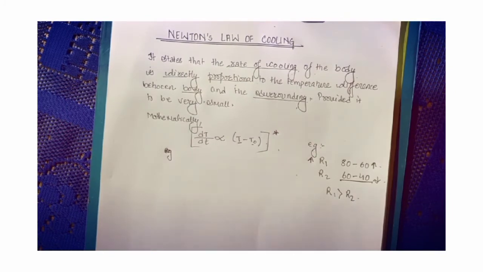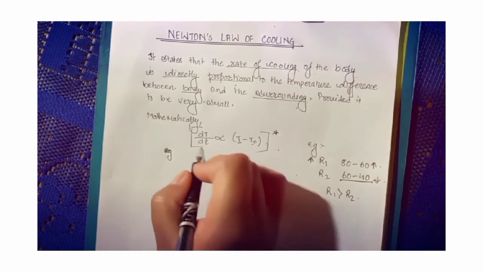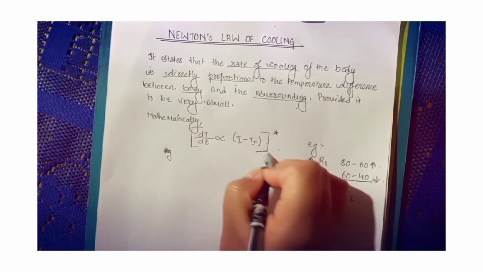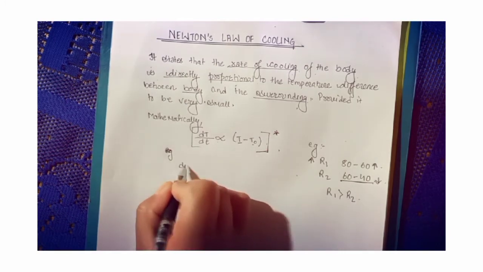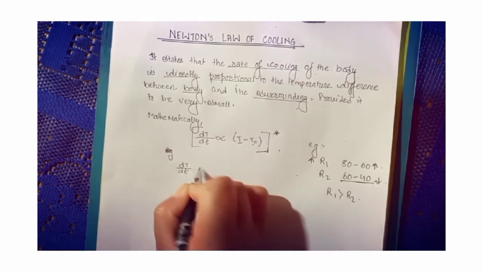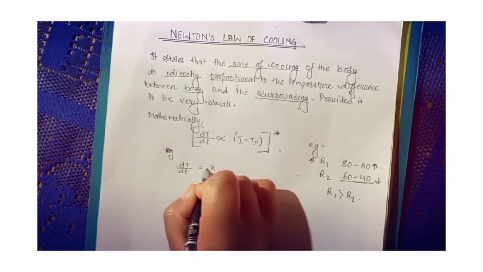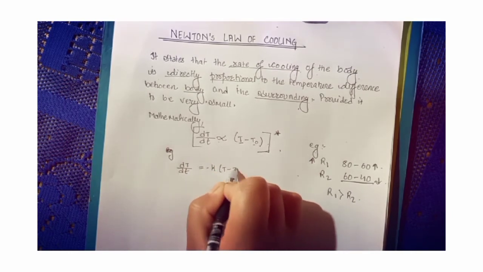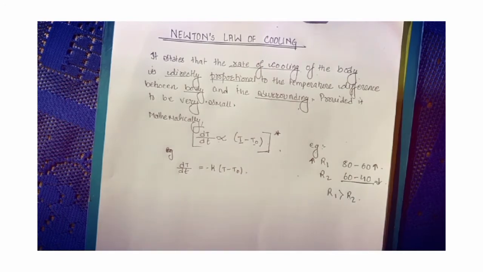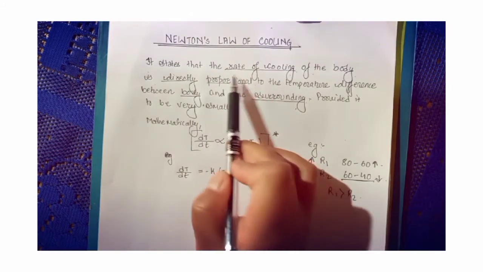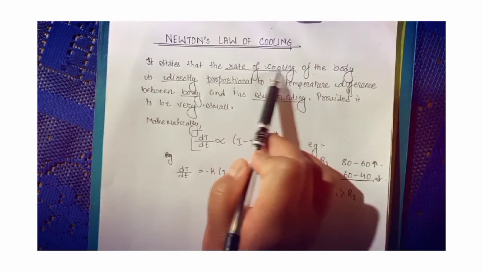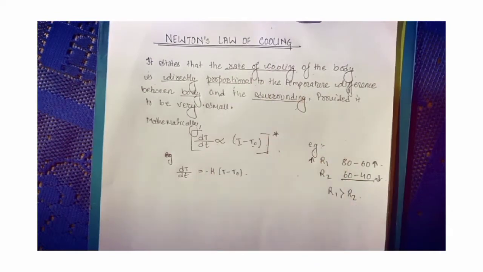So we can prove this. Before proving, we can convert this proportionality into equality, that is dT/dt is equal to minus k (T minus T naught). Newton's law of cooling says that the rate of cooling, during cooling, the temperature will always decrease.